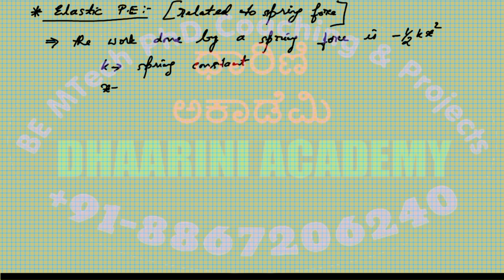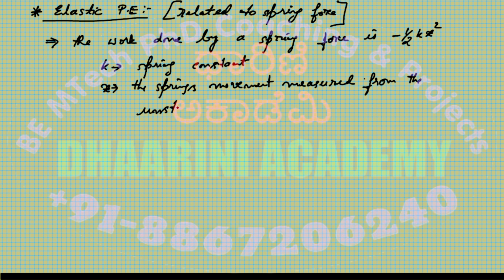And what is x? x is the spring's movement measured from the unstretched position. So how much it has actually moved from its unstretched position is x.